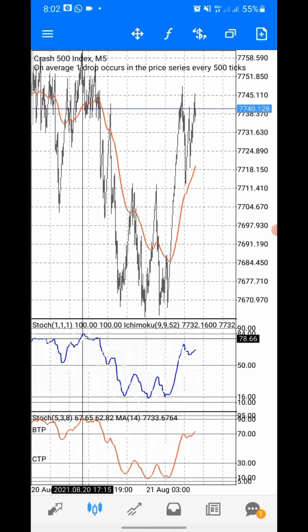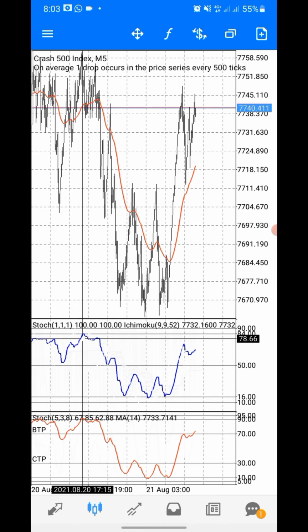So this is just a simple way, guys, you can catch the spikes. You have to follow the conditions. Make sure the moving average and the Ichimoku are doing exactly the same thing. Make sure that they are at the place they ought to be.